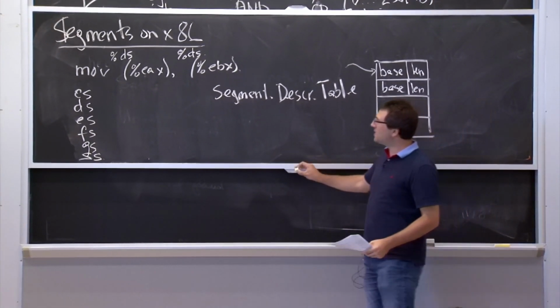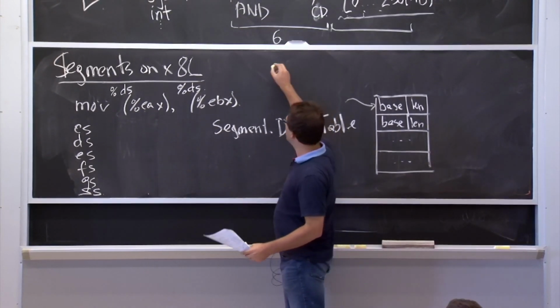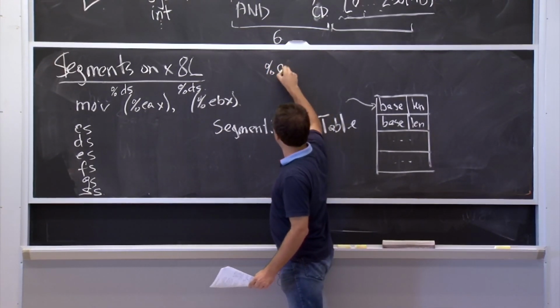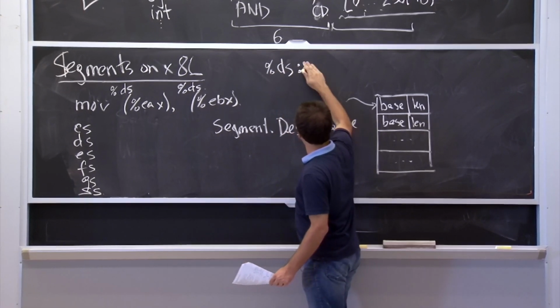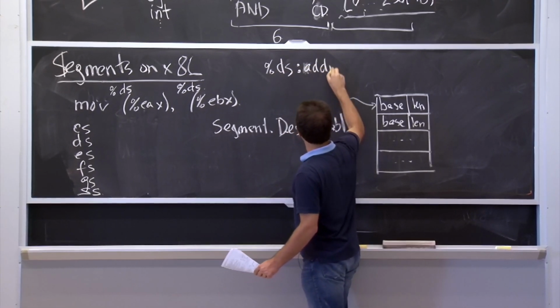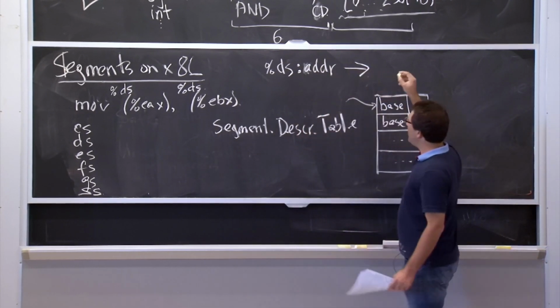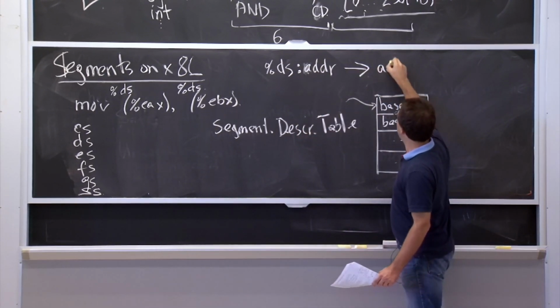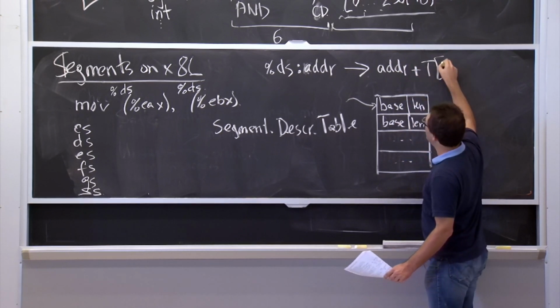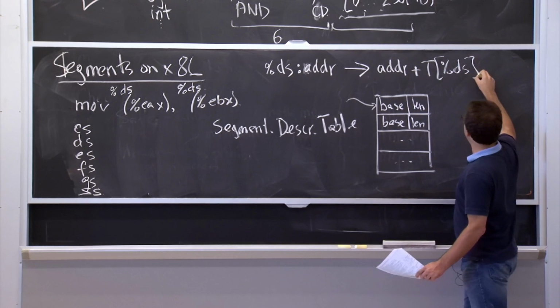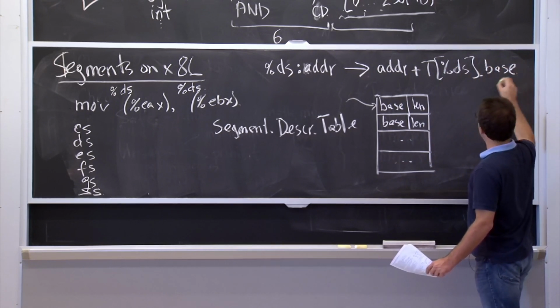Because what happens is if you access some address at maybe some selector DS, colon some offset or some address here, what the hardware will actually do is translate it: it'll take this address and add the table's DS.base to this guy.